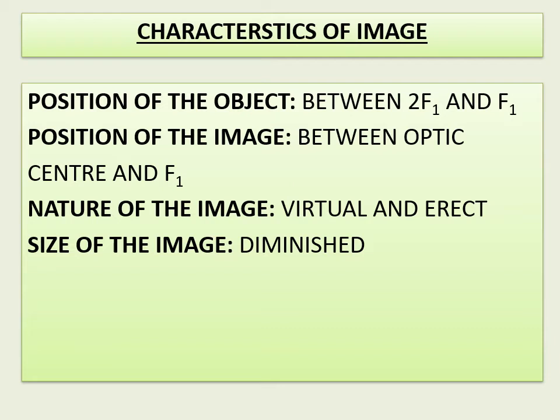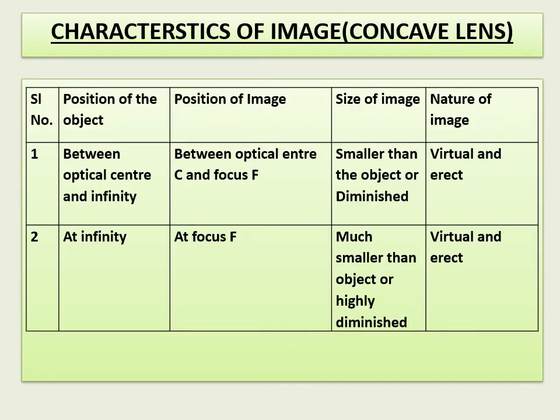So these are the characteristics of image formed in a concave lens. In a shortcut way, we can remember the characteristics of image formed in a concave lens. That is position of an object, position of the image, size of the image, and nature of the image, between optical center and infinity.